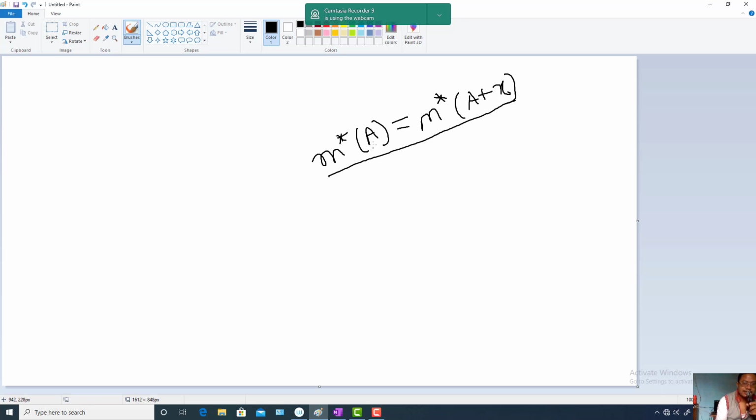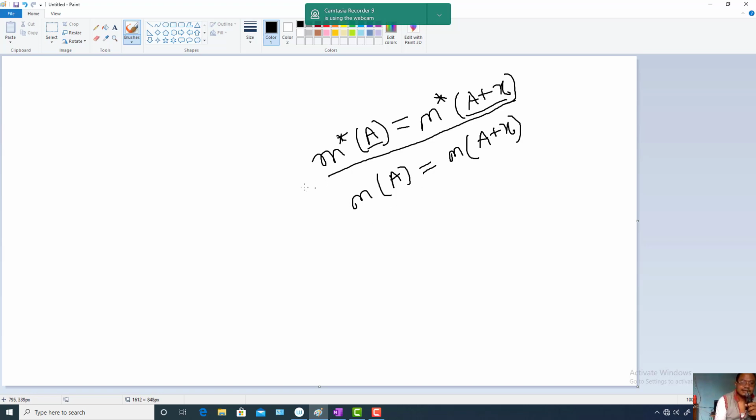So if A is measurable and if A plus x is also measurable, then this star will be dropped. M of A is equal to M of A plus x.